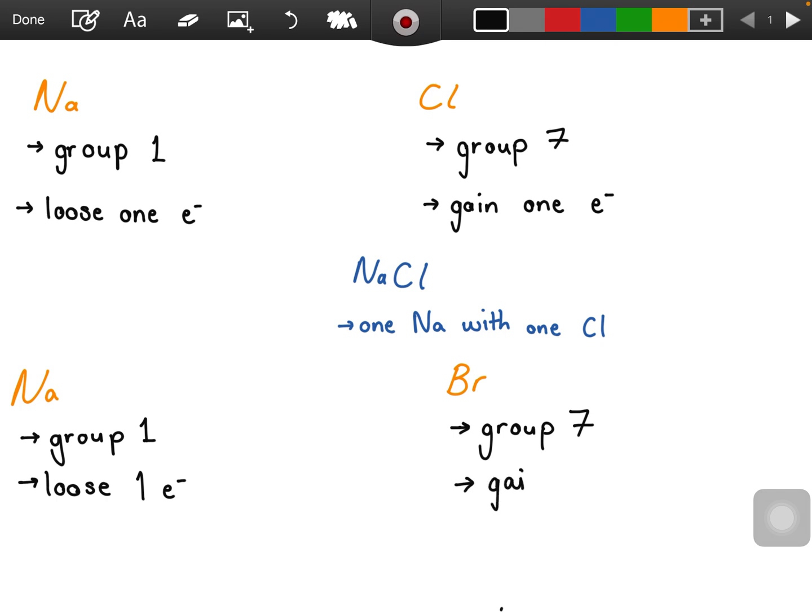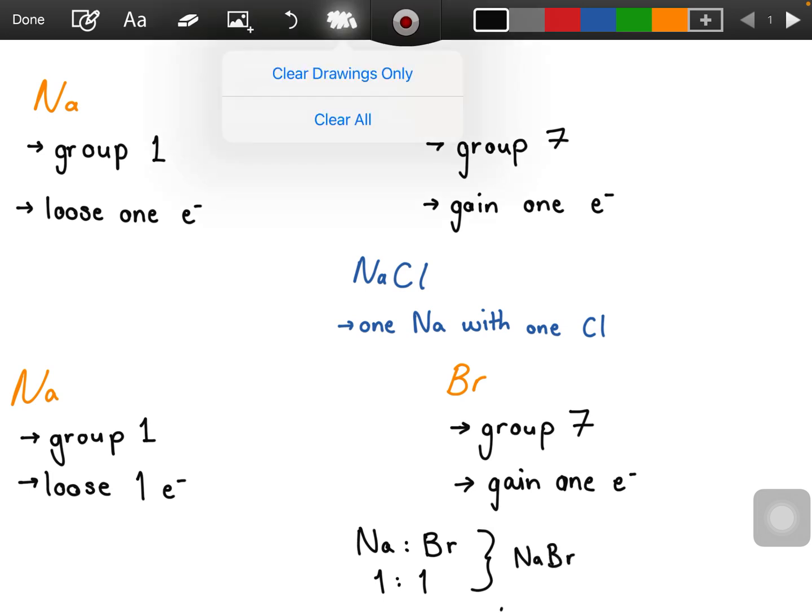It wants to gain one, so they are going to match up in a nice 1-to-1 ratio. So the ratio of Na to Br is going to be 1-to-1. So when they bond together, it's going to just be NaBr.